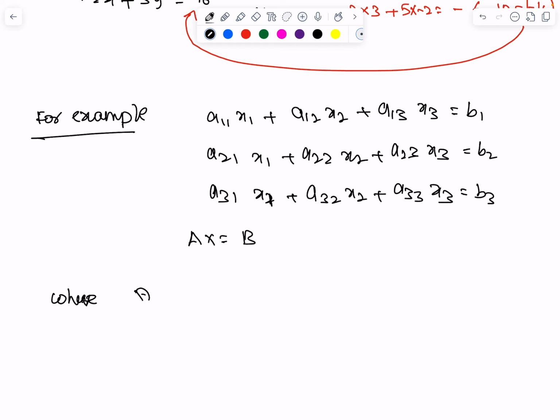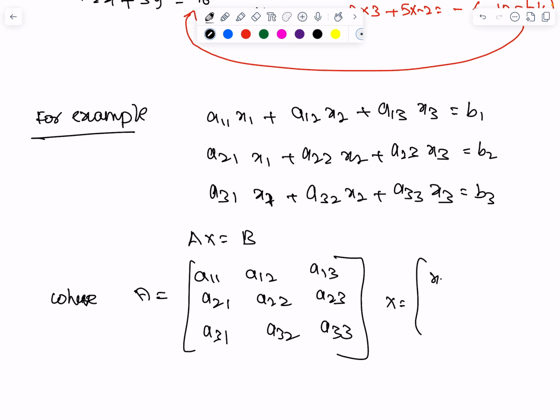A is the matrix A11, A12, A13, A21, A22, A23, and so on, x is x1, x2, x3, and B is the non-homogeneous matrix B1, B2, B3, or you can say it's a constant matrix.